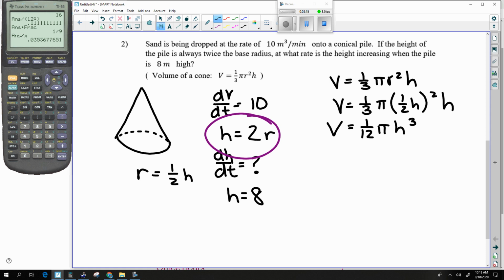All right, here we go, derivative time. So derivative with respect to time, multiply with that 3, so that's a 1/4, and then dh/dt.